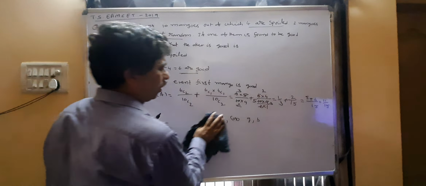You are finding the required probability P of B given A. That means P of A intersection B by P of A. Otherwise you can write N of A intersection B by N of A. N of A means both are good, 6C2, or first one is good and second one is bad. Actually A intersection B means both are good.